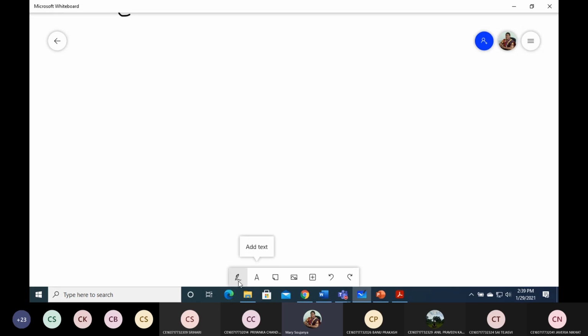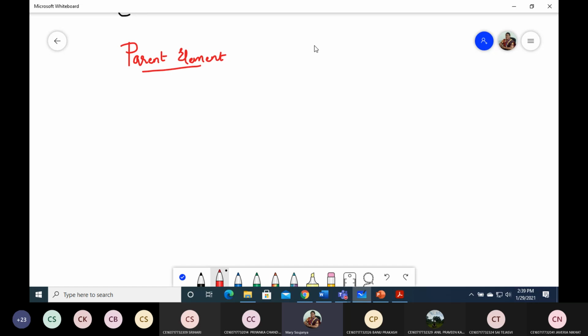Now how is that done? Look here, we have two things: one is the parent element and the other is the mapped element.